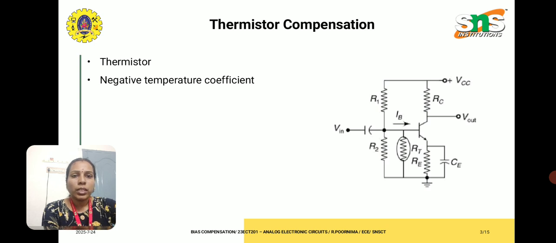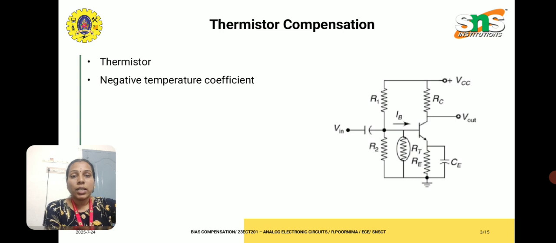So when we use the thermistor in this circuit, whenever changes occur due to temperature, the resistance decreases so that the voltage drop across R2 also decreases. When the voltage drop decreases, it will decrease the value of base emitter voltage so that the base current also decreases.